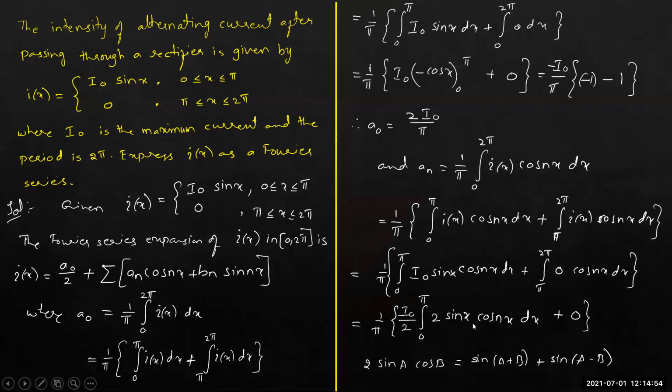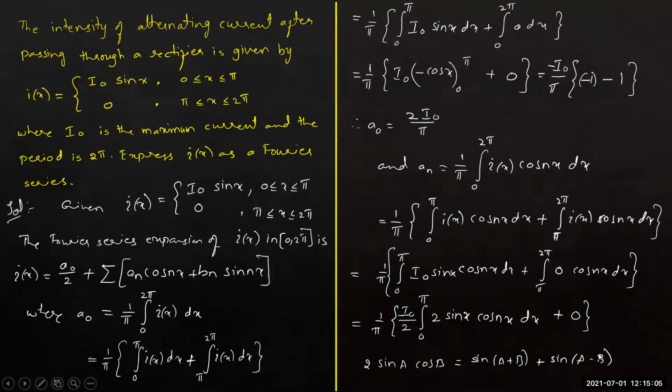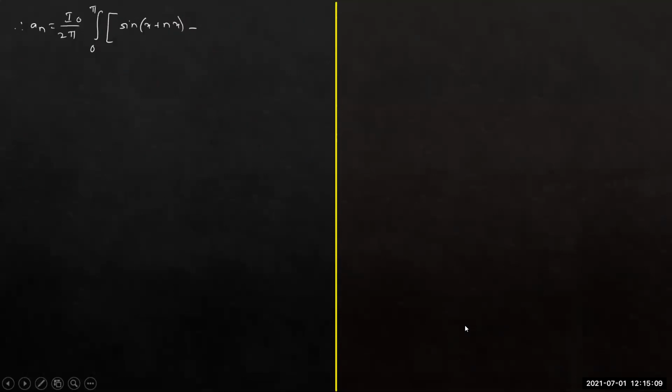You see here, x plus nx, right? It is sine of x plus nx, then plus, see how much you have, sine of a minus b. A minus b means x minus nx, right, dx.